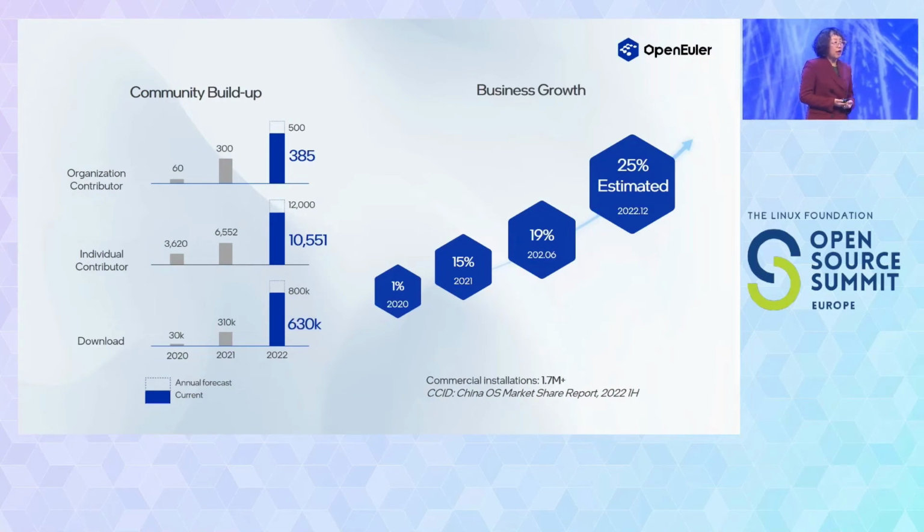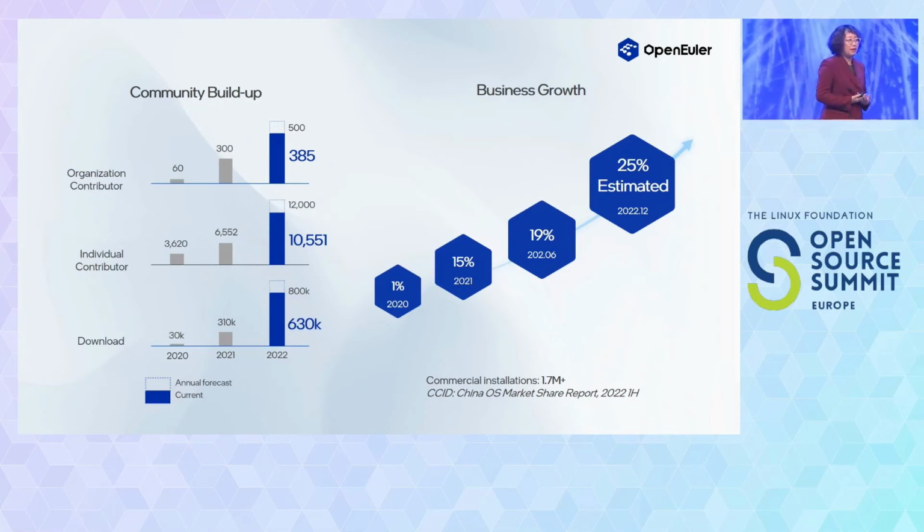OpenEuler also grows very fast in our community and in business. Since we open sourced almost 3 years ago, in the past 3 years we have already gained a lot of enterprise customers in some top industries, like China Mobile, China Telecom, and the State Grid, some banks like China Construction Bank, and also some internet companies like Baidu.